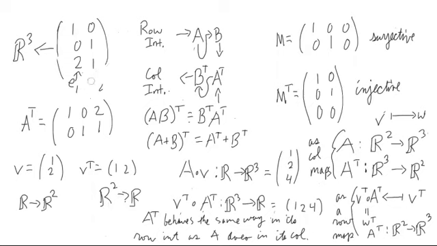Now, there's an equivalent row interpretation for matrix multiplication. So where we input something on the left here as a row, such as maybe 1, 0, 1, it outputs, because what we're doing is adding rows together. So 1 times the first row plus 0 times the second row plus 1 times the last row.